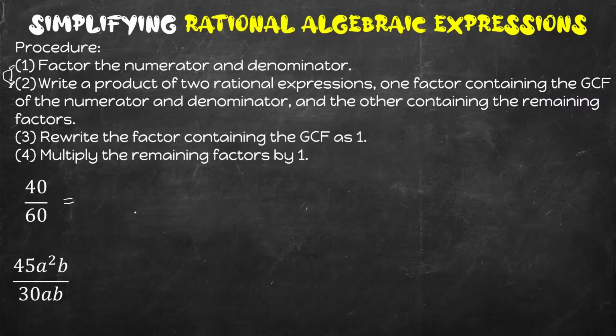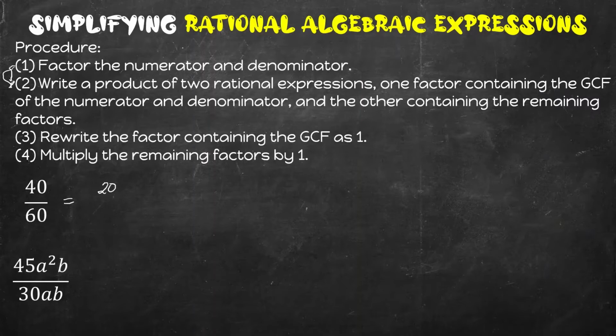And then, isusulat natin yung product of two rational expressions, one factor containing the GCF of the numerator and denominator. Pag sinabi natin GCF, this is the greatest common factor. Okay. So basically, kung makikita nyo, si 40 and 60, they are both divisible by 20. Okay. So basically, since they are both divisible by 20, ang greatest common factor nila ay 20. So we are going to write 20.